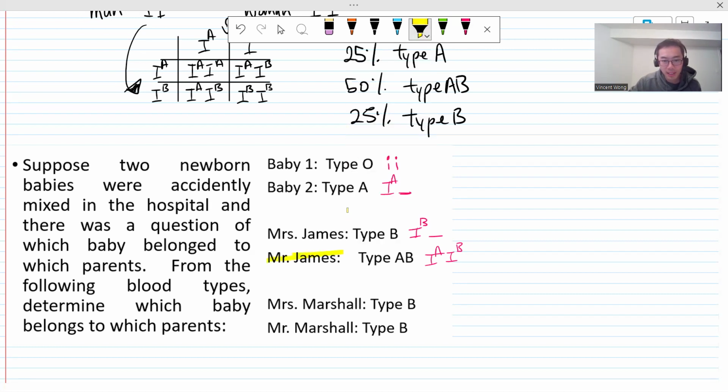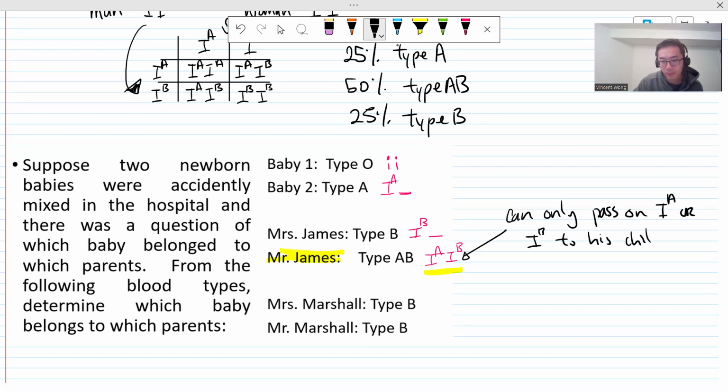Mr. James is type AB, so he can only pass on either IA or IB to his children. And baby one is type O blood.